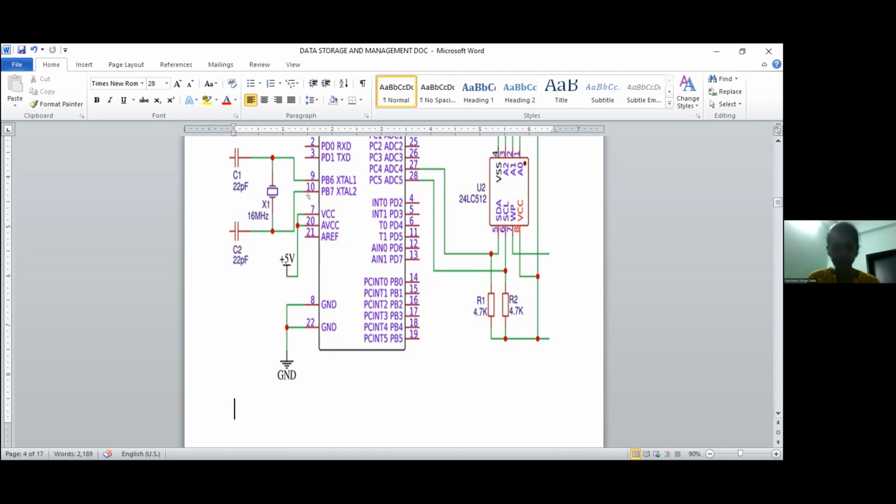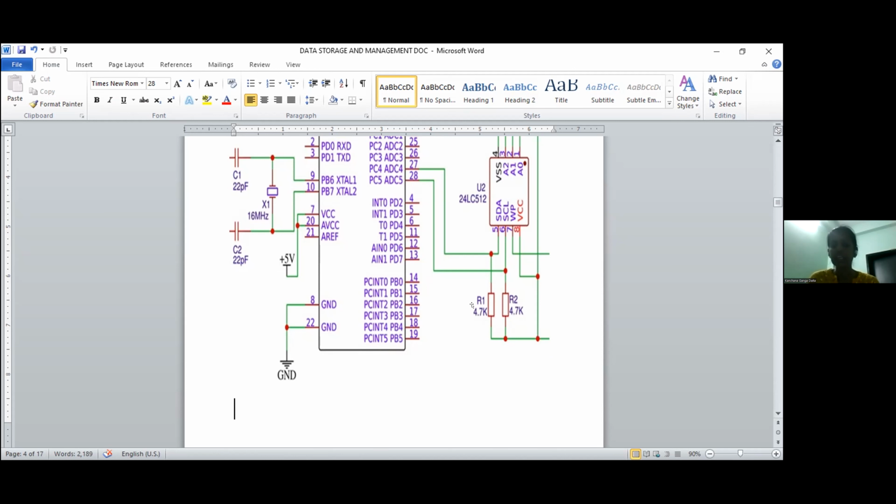So what we should do is read and write the data from the EEPROM. Here it is, ma'am, the connections of the Arduino, which I have described previously.